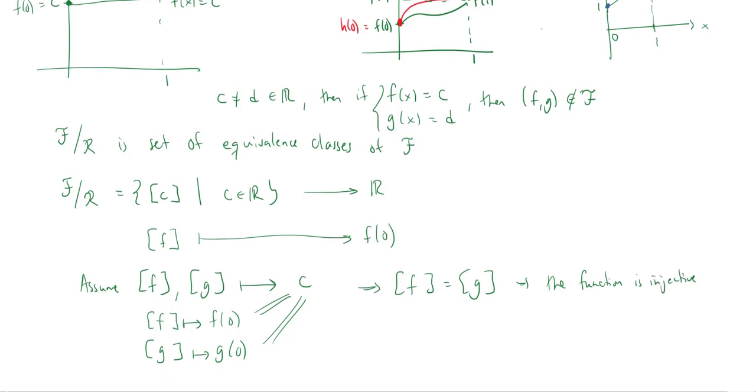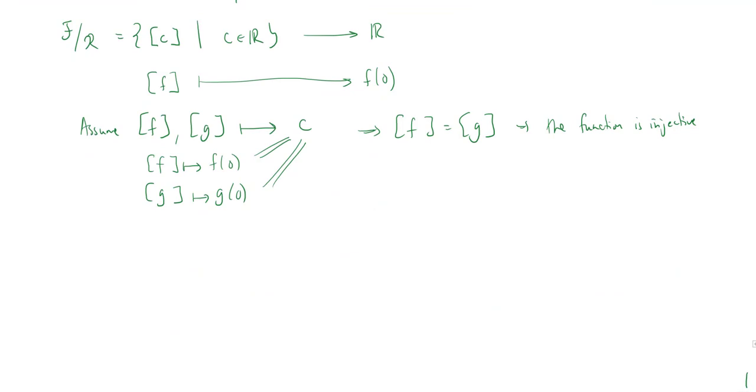Okay, what last do we need? Well, we need a bijection, so we need it to be injective and surjective. So how do I get surjective? Well, this is the easy part. Surjective means for every element in the codomain, I have a preimage. If I take an element c in the codomain, which equivalence class maps to c? Well, c does.